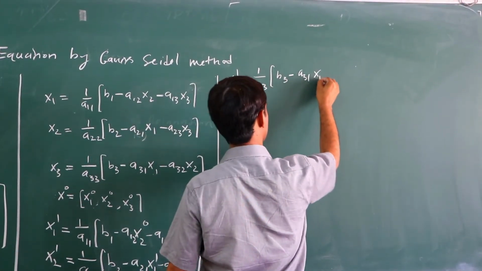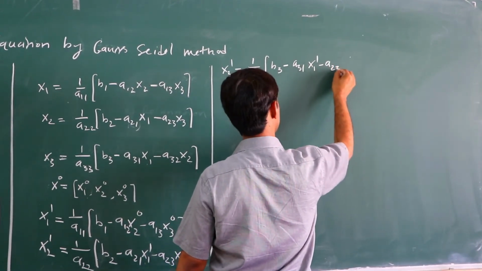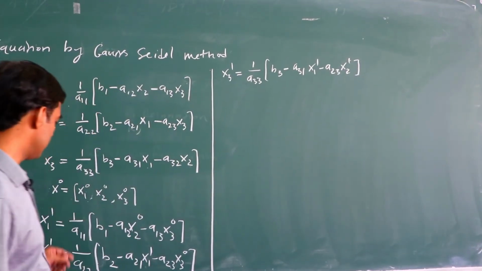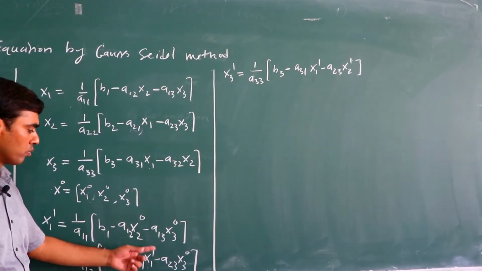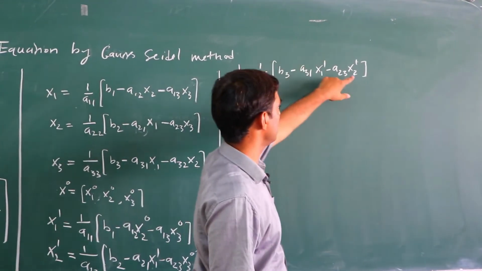Here we use the updated value x11 minus a23, x21. So, in the case of the Gauss-Jacobi method, here we use x01 and x30, and here also we use x10 and x20.